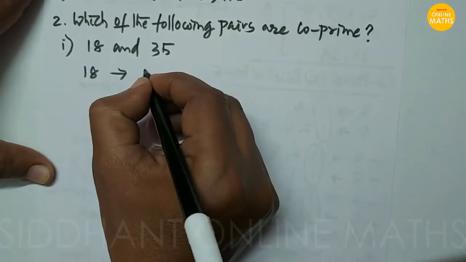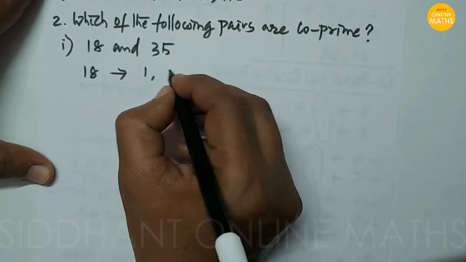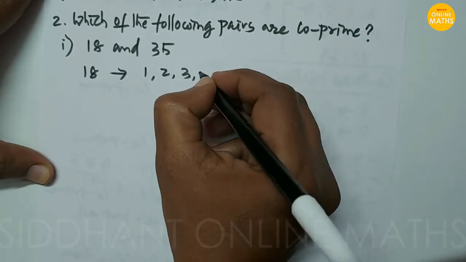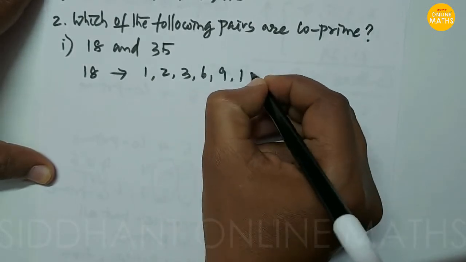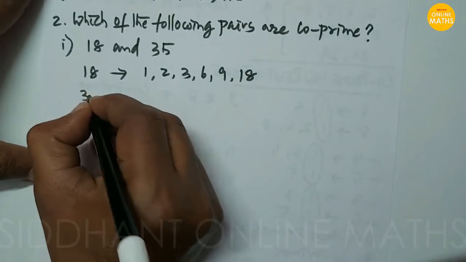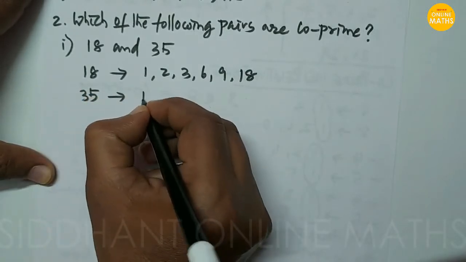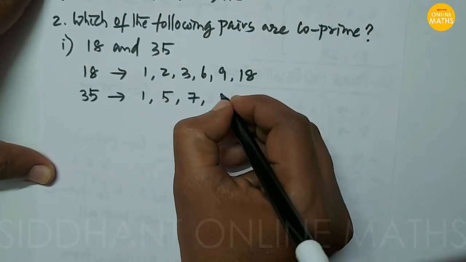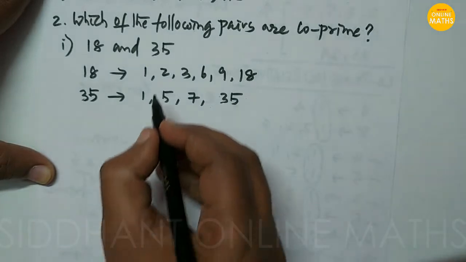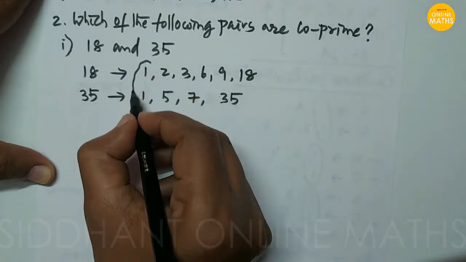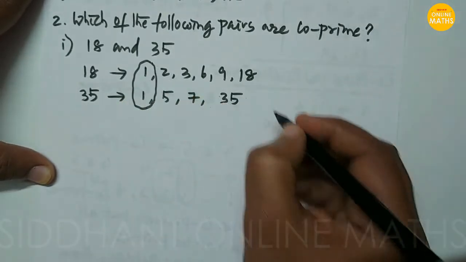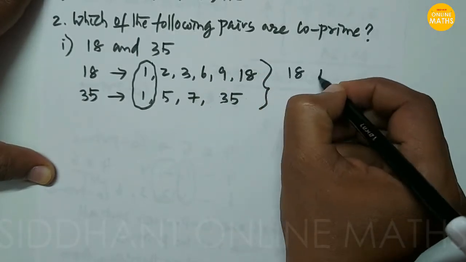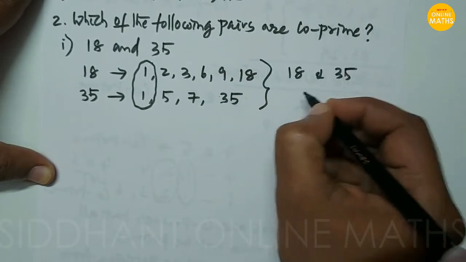The factors of 18 include 1, which is common, next 2, 3, 6, 9, 18. For 35, you have 1, next 5, next 7, and 35. The only common factor is 1. So we can say that 18 and 35 are co-primes.